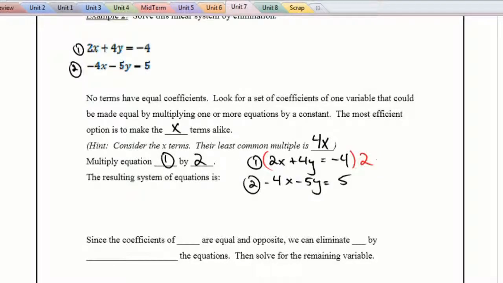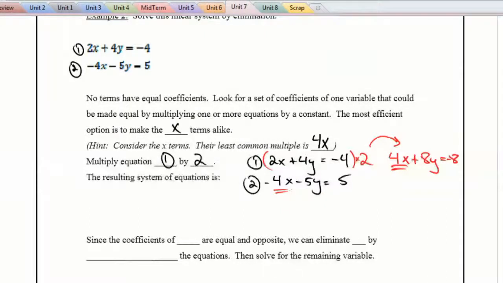I'm going to multiply everything by 2. So equation 1 is going to look like 4x plus 8y is negative 8. So once I've multiplied by 2, I end up with that. And now my x terms are the same, which is what I really wanted to happen.